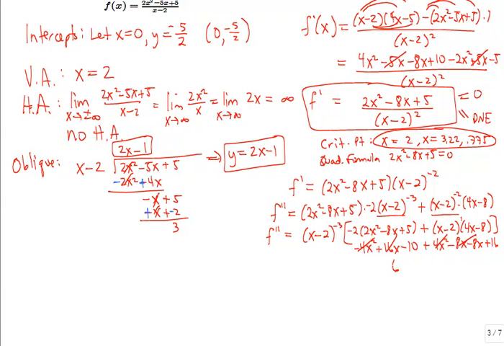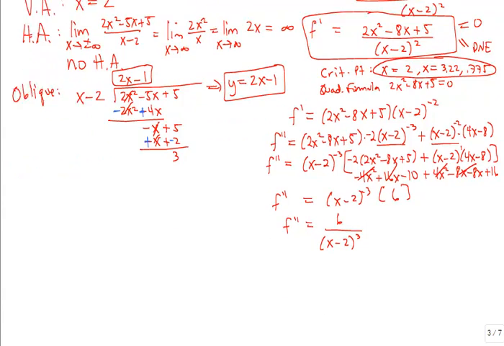So we end up with a 6 from everything in the brackets here, and all of that 6 was being multiplied by this (x minus 2) to the negative 3. So when I move that (x minus 2) to the bottom, this becomes 6 over (x minus 2) to the positive 3. That's kind of amazing that it simplified so nicely, but it did.